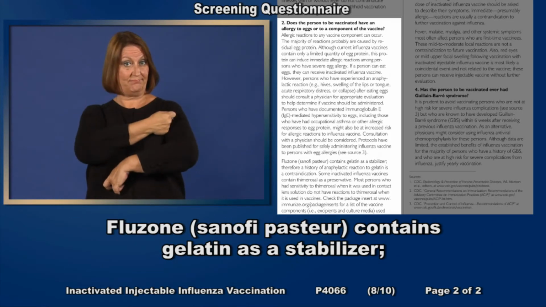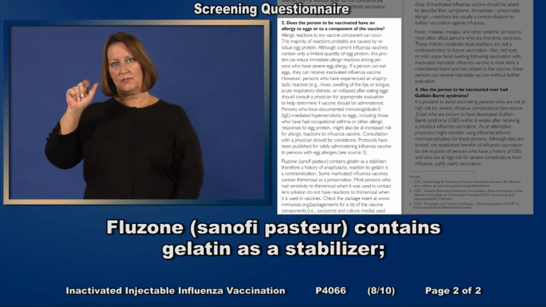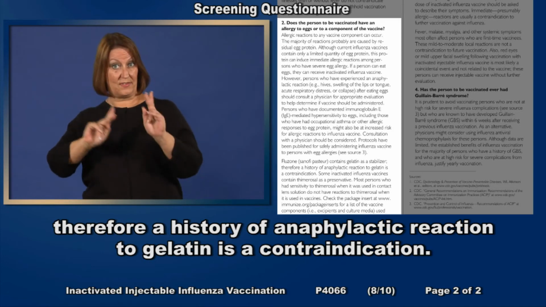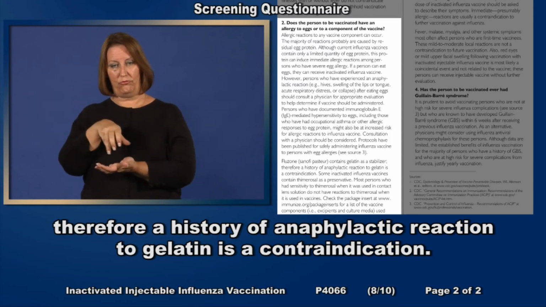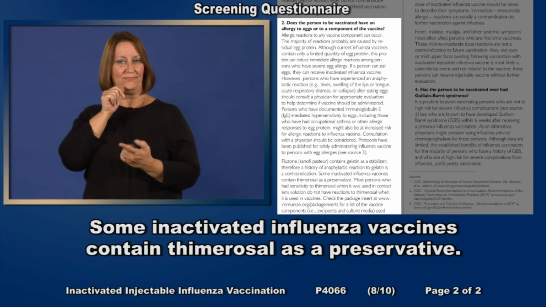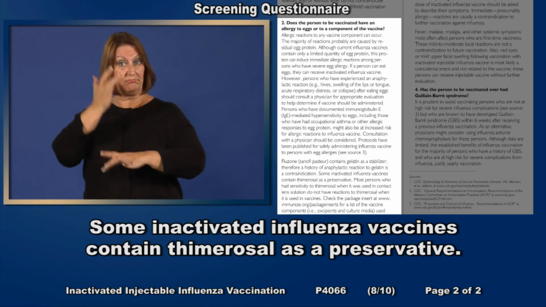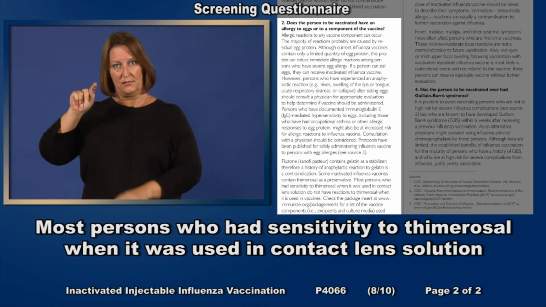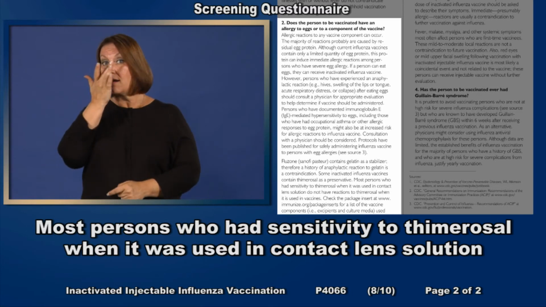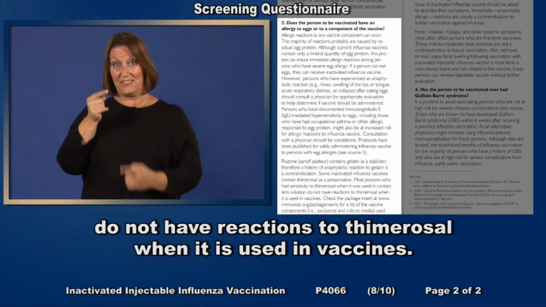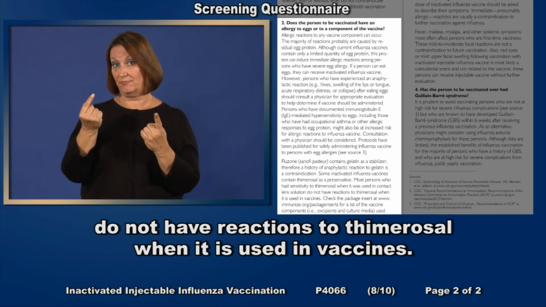Fluzone, or Sanofi Pasteur, contains gelatin as a stabilizer. Therefore, a history of anaphylactic reaction to gelatin is a contraindication. Some inactivated influenza vaccines contain thimerosal as a preservative. Most persons who had sensitivity to thimerosal when it was used in contact lens solution do not have reactions to thimerosal when it is used in vaccines.